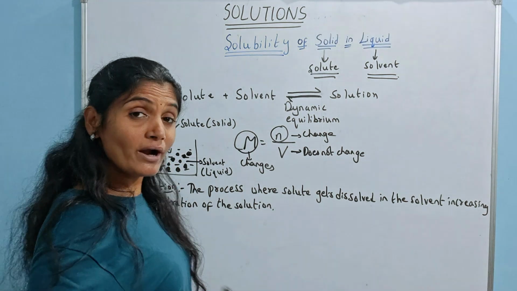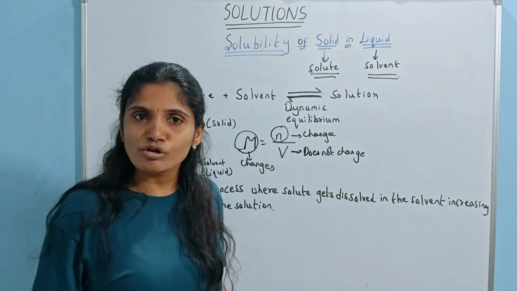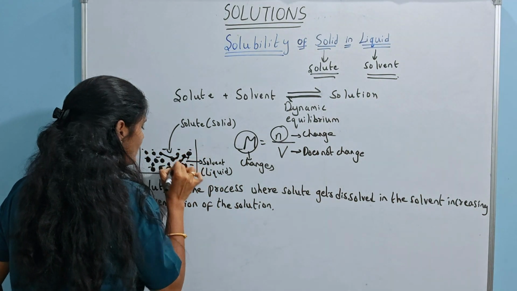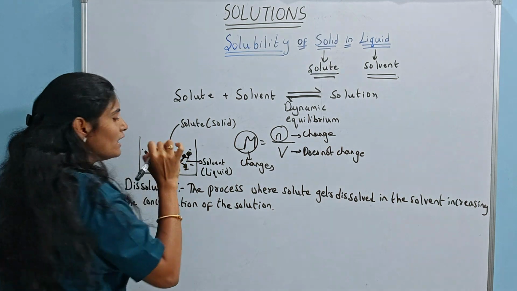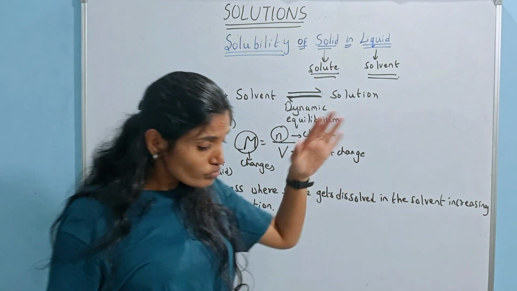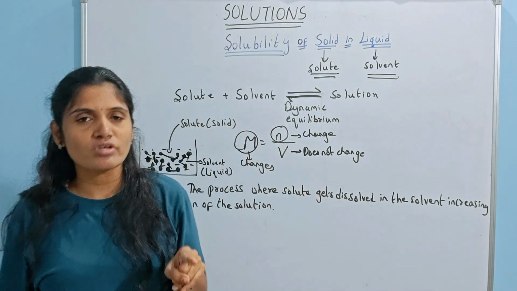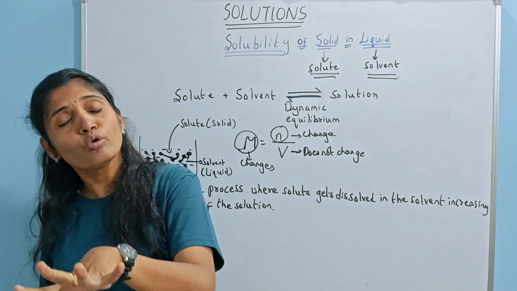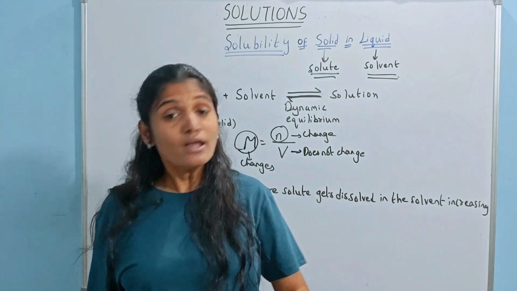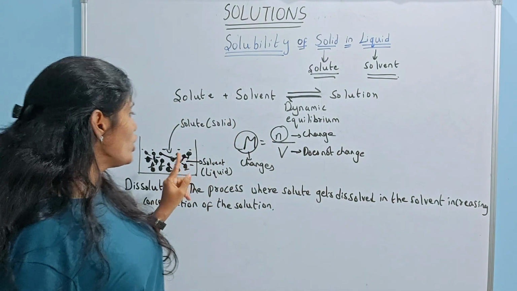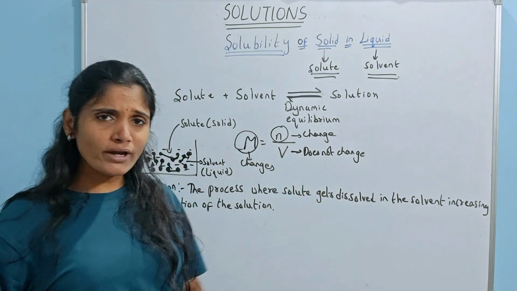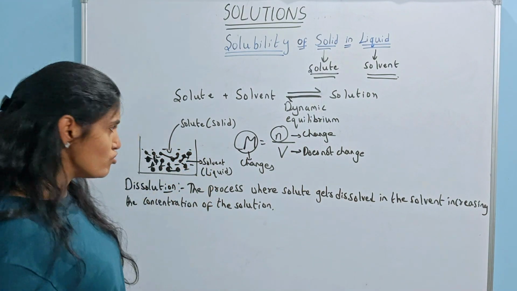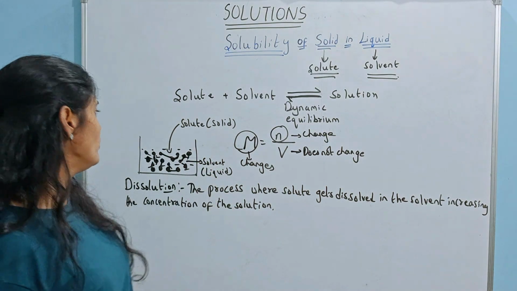When the number of solute particles is so many in the solution, they keep colliding and interacting with each other. When a solution reaches the point of saturation, which means no more solute can be added to the solvent, there are so many solute particles that they internally collide with each other.